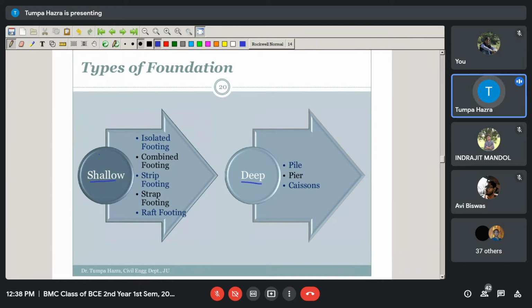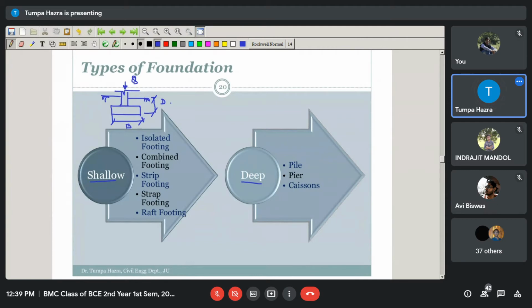A foundation is known to be shallow whenever the depth, let us consider, this is the schematic representation of the foundation. This is the ground level, this is the load. This is the width of the foundation, and this is the depth of the foundation.